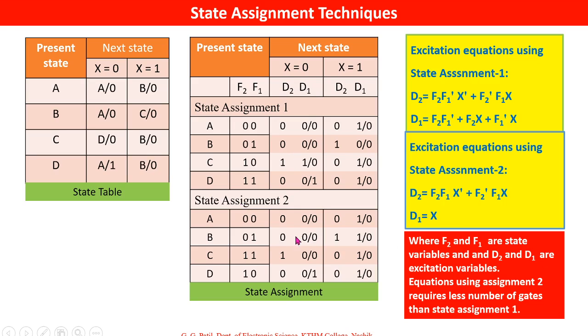Let us see. Here all D1 are 0, so no need to take any term, and for x equals 1 all D1 outputs are 1, so we can take D1 equals x. Since for x equals 1 all outputs are 1, we can write D1 equals x. So these are the excitation equations for state assignment 1 and state assignment 2.